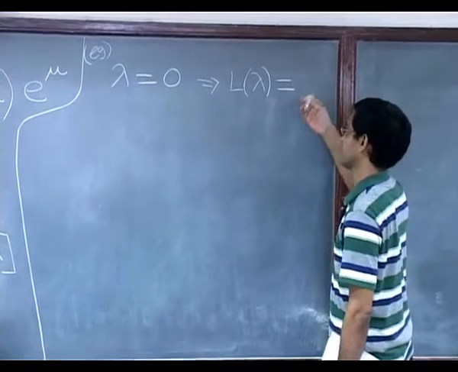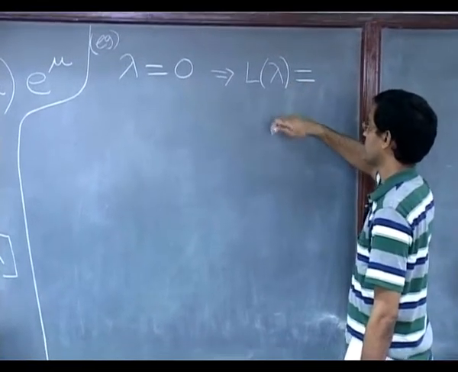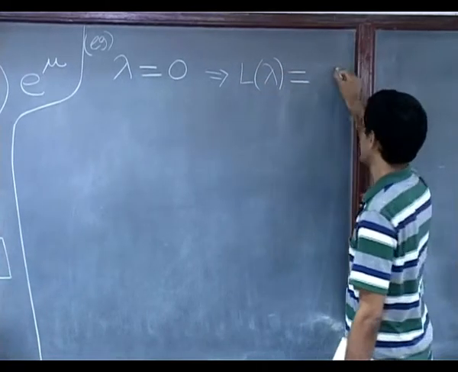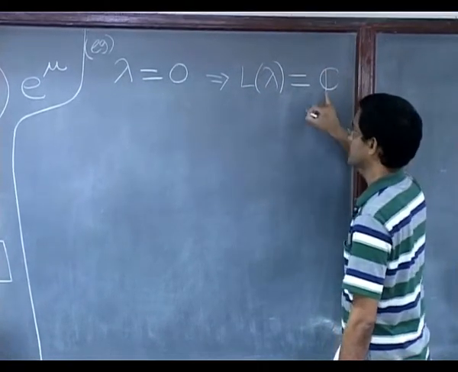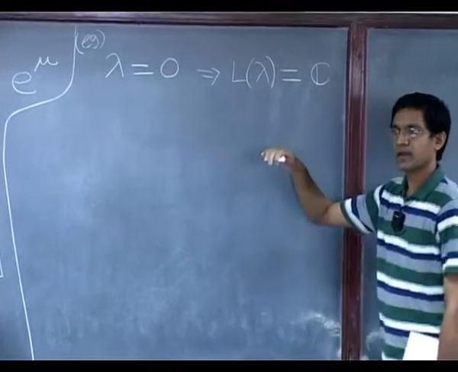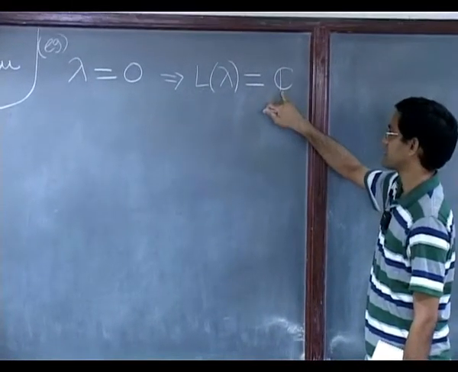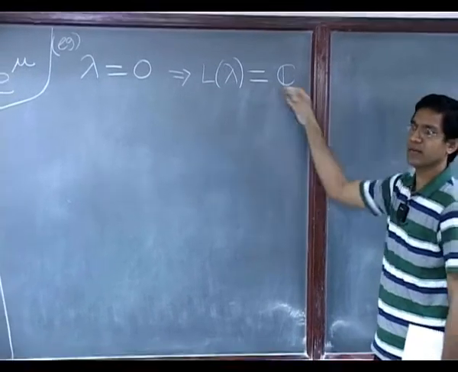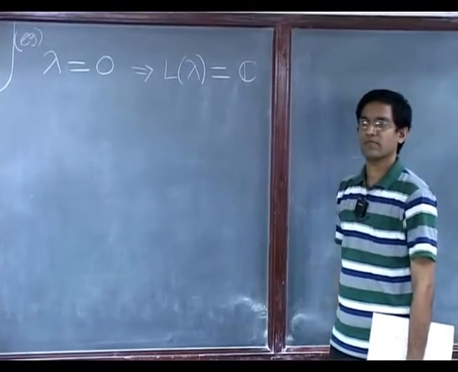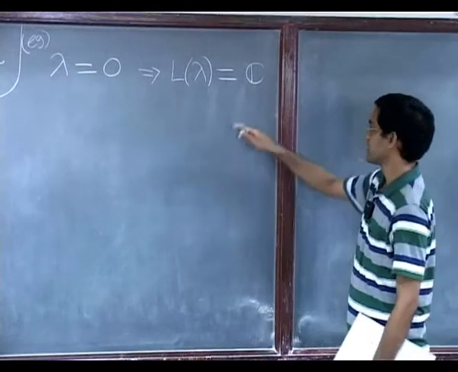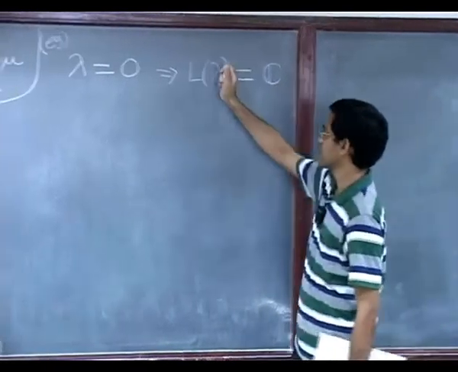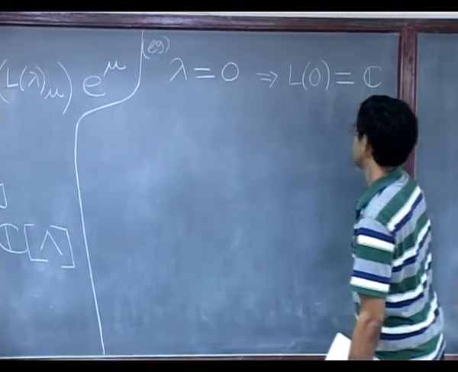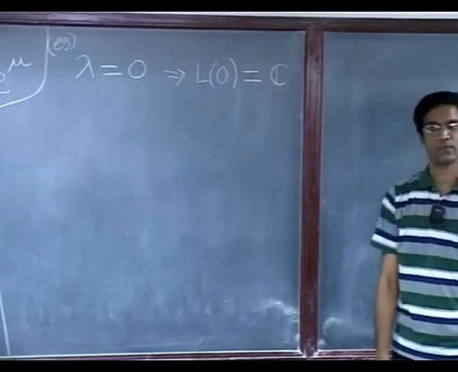Here is one way of saying this. You sort of identify a candidate. The trivial representation is something on which the entire Lie algebra acts by 0, and the basis vector that you would have here would be a highest weight vector for the highest weight 0, and then by the uniqueness of these highest weight representations, here is a candidate which has the correct highest weight, and therefore that must in fact equal L of 0.